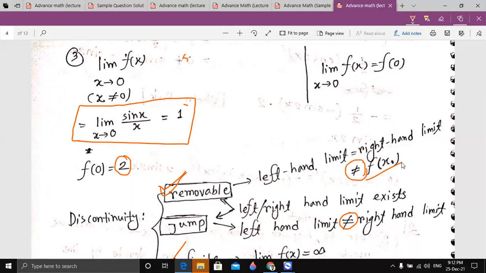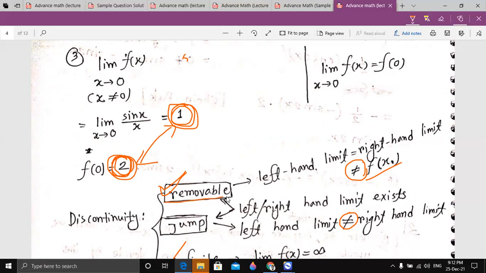We have to check. So you see here that the left hand limit and right hand limit are 1, but their function value is 2. So they are not similar, right? 1 and 2, they are not similar. That's why we have to say it is removable discontinuity.